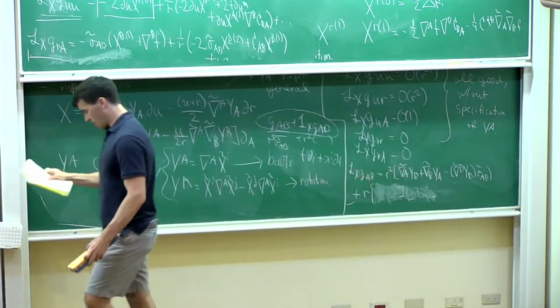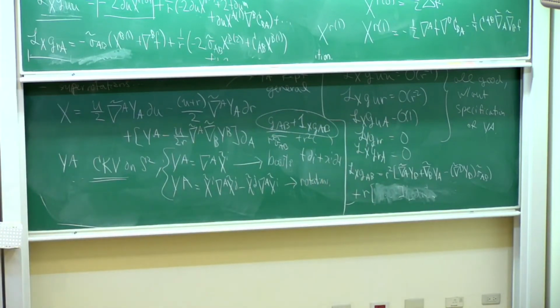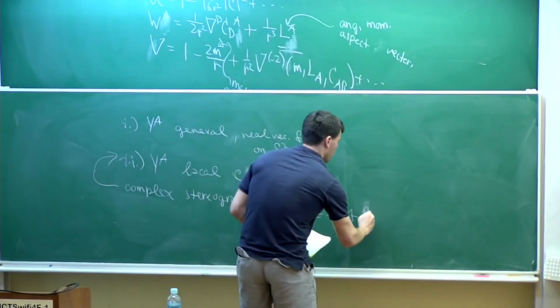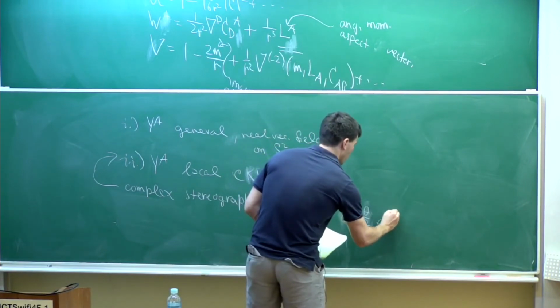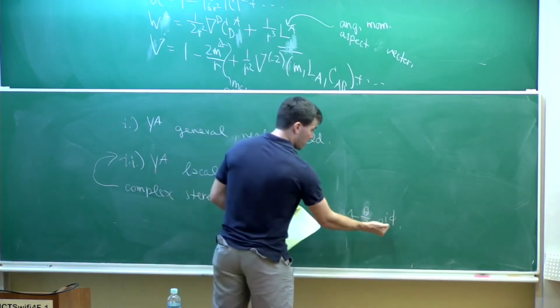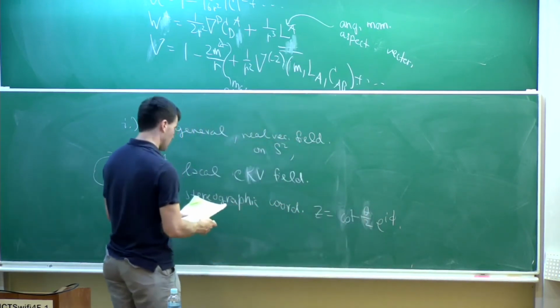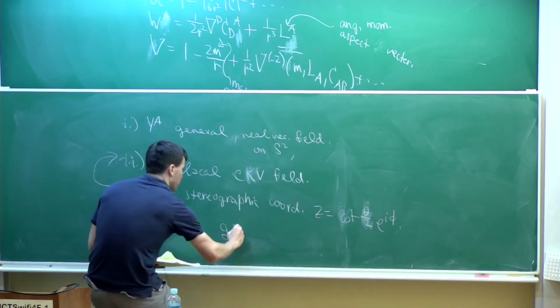And just to give you some parameterization for that, what if we take some complex stereographic coordinate, say z is equal to e to the, taking the usual theta and phi, take z as the following with some polar angle like the azimuth and then some radius given by the cotangent of the polar. And what you find is that g looks like so.